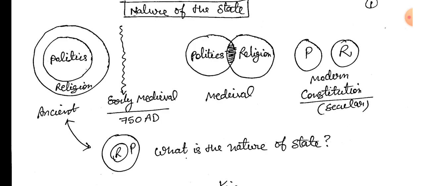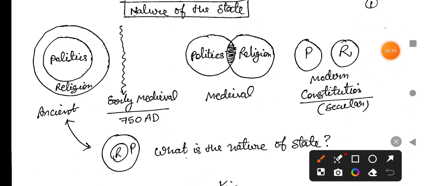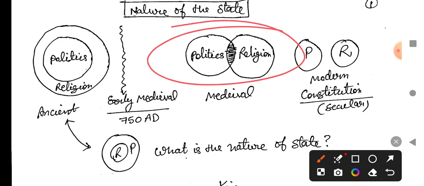So we are going to discuss the medieval period and the nature of the state in that period. In the ancient period, religion was dominating over politics, and in the medieval period, religion and politics ran parallel.